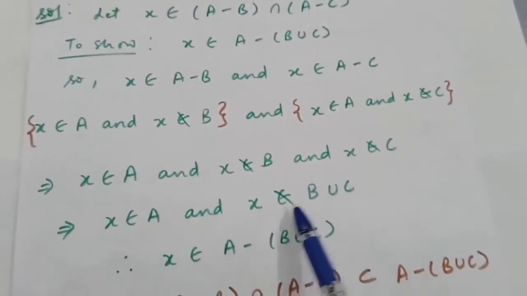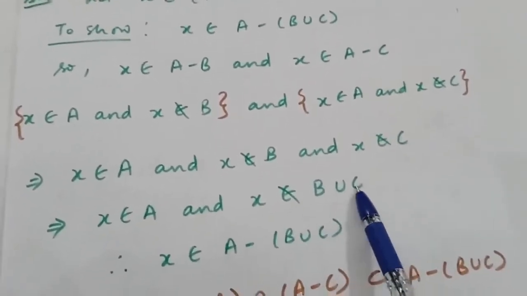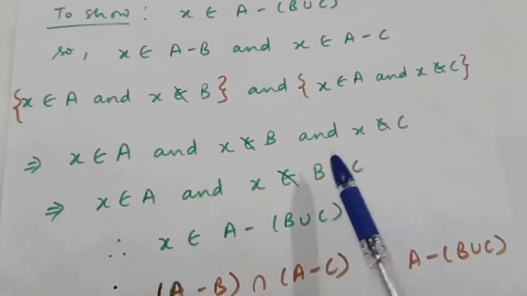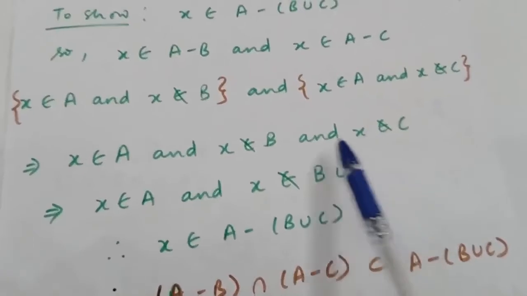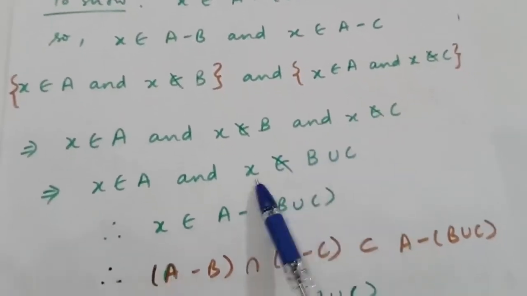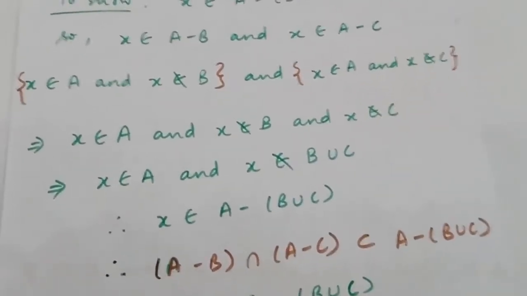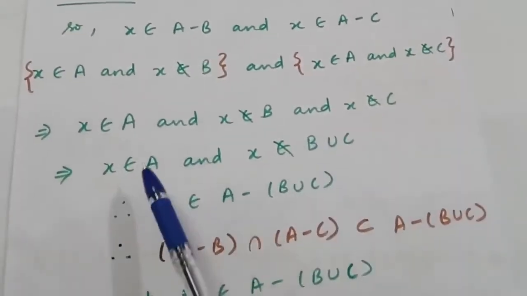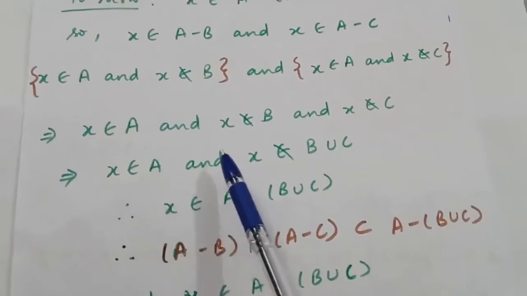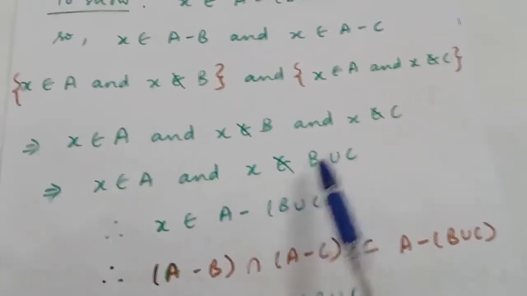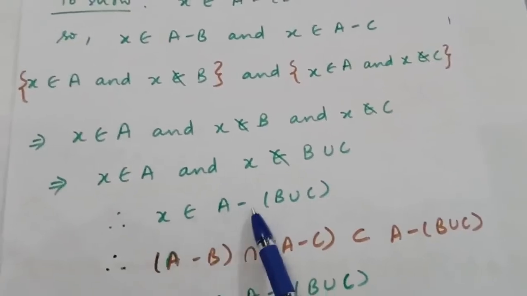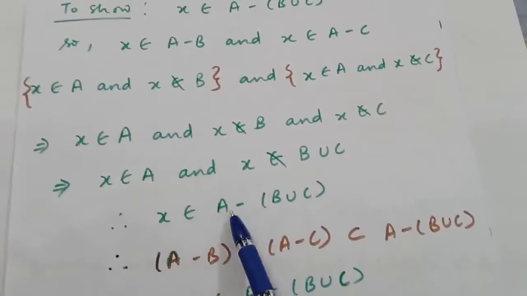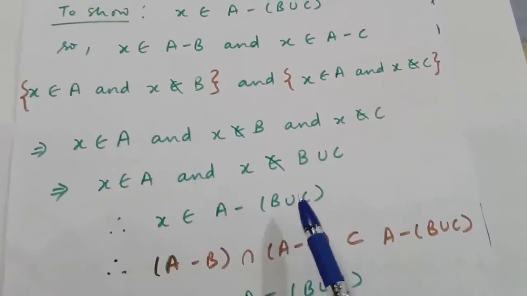Therefore, X will not belong to B union C, because in B union C, those elements come which are in B or in C. But X is neither in B nor in C. Therefore, X will not be in B union C. Clear? So from this result we can say that X belongs to A and X does not belong to this set, which means X belongs to A minus B union C, because A minus this means that X belongs to A and X does not belong to this, right?